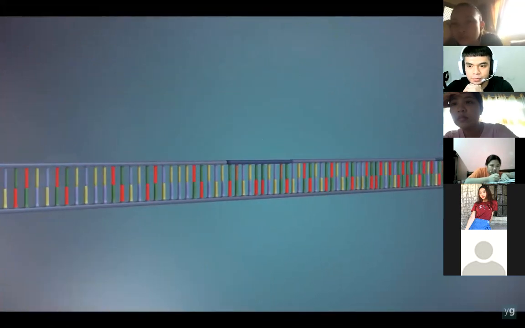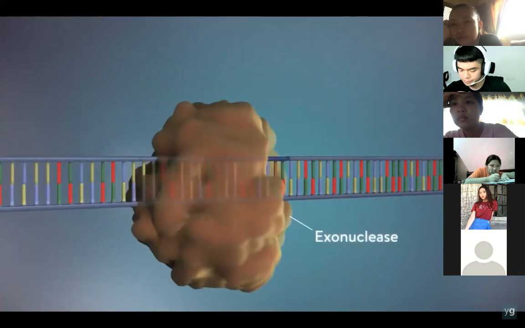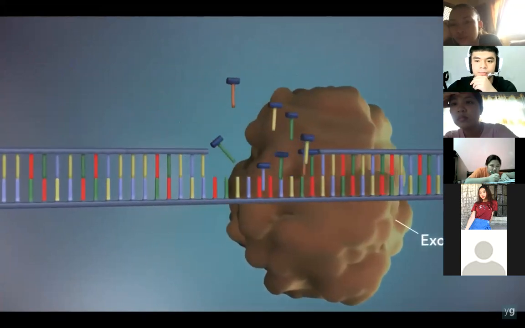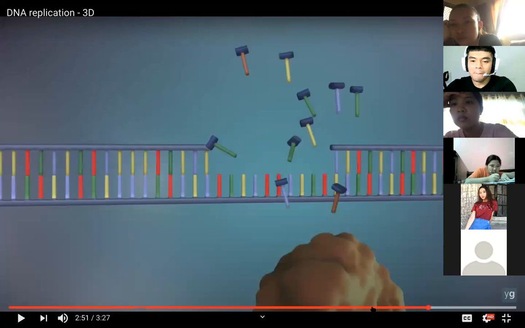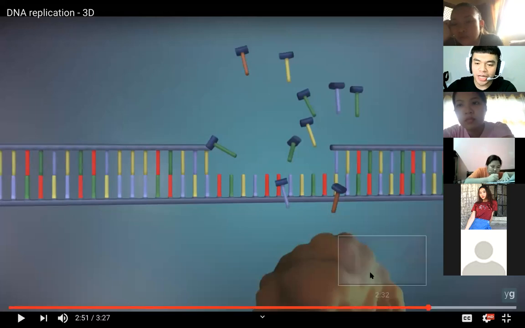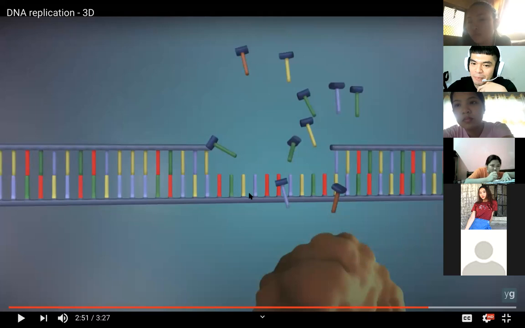Once the new DNA has been made, the enzyme exonuclease removes all the RNA primers from both strands. May sinabi dito sa video na exonuclease removes the primer. Actually, exonuclease ang sinabi pero polymerase enzyme pa rin yan. O anong polymerase yung nag-alis ng primer? Polymerase 1. Very good. Paano siya mag-alis? 5 to 3 or 3 to 5?